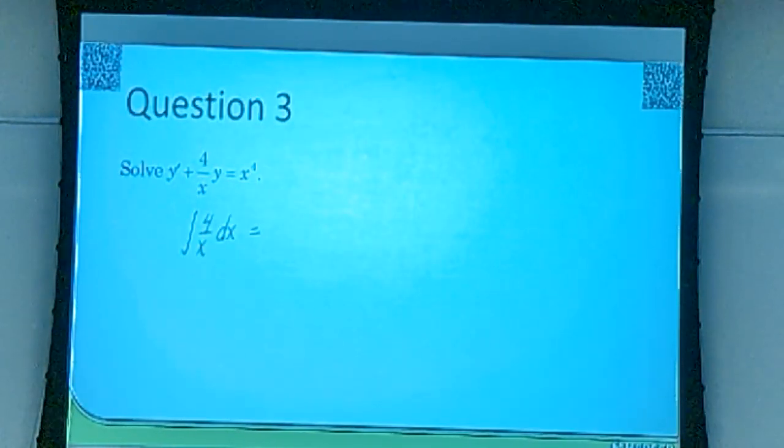What's that antiderivative? We're at ln absolute value of x. I can simplify that.